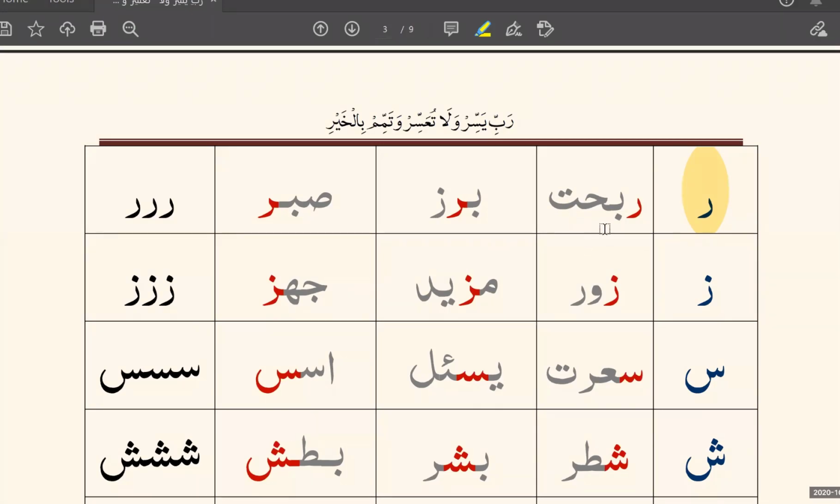Ra, Ba, Ha, Ta, Ba, Ra, Za, Swad, Ba, Ra. Okay, good. And the next letter?